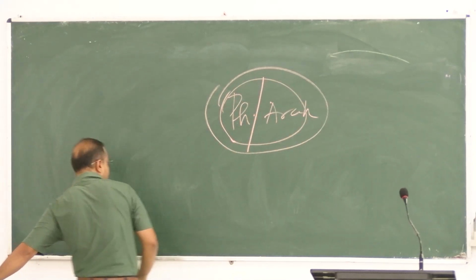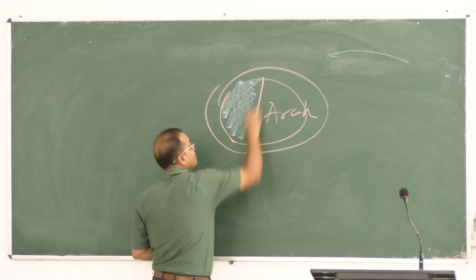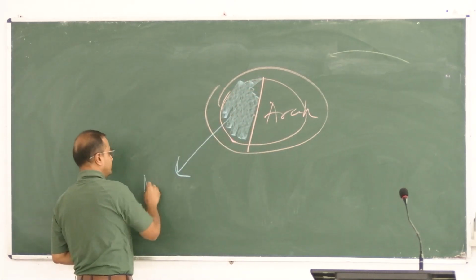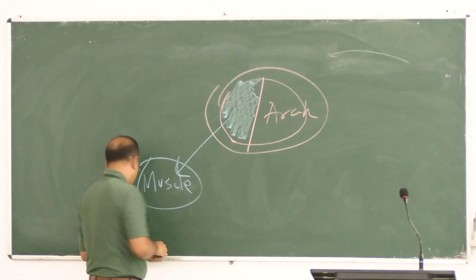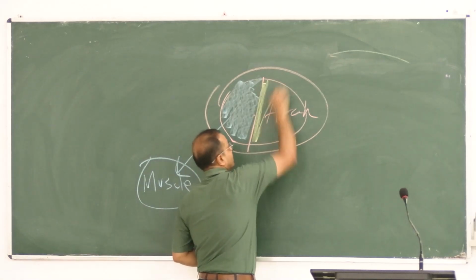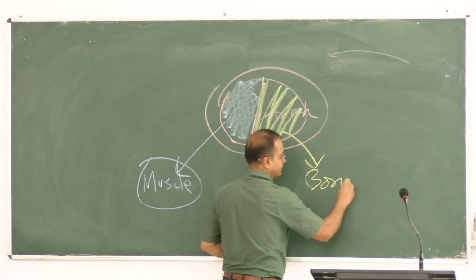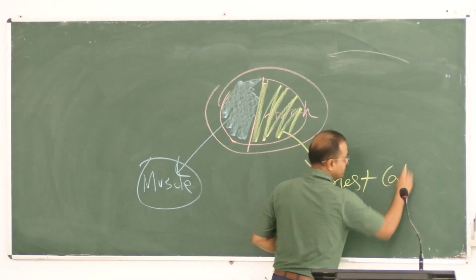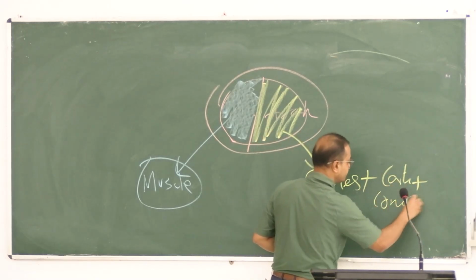One part is going to form the muscles in the face and the neck region, and another part is going to form the bones and cartilage plus connective tissue, that means the ligaments.